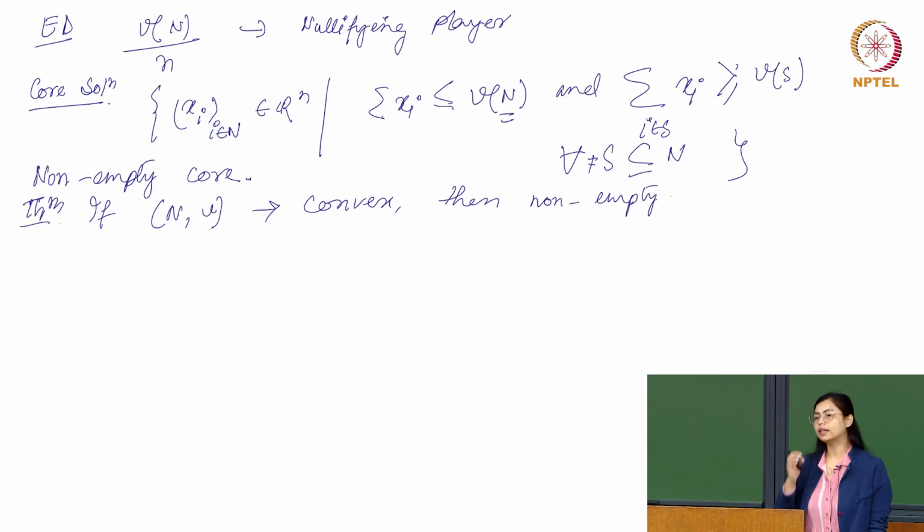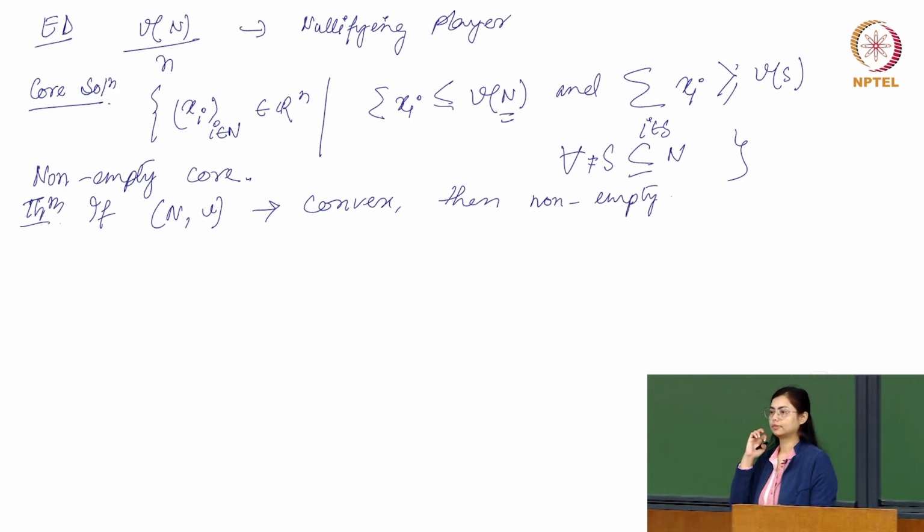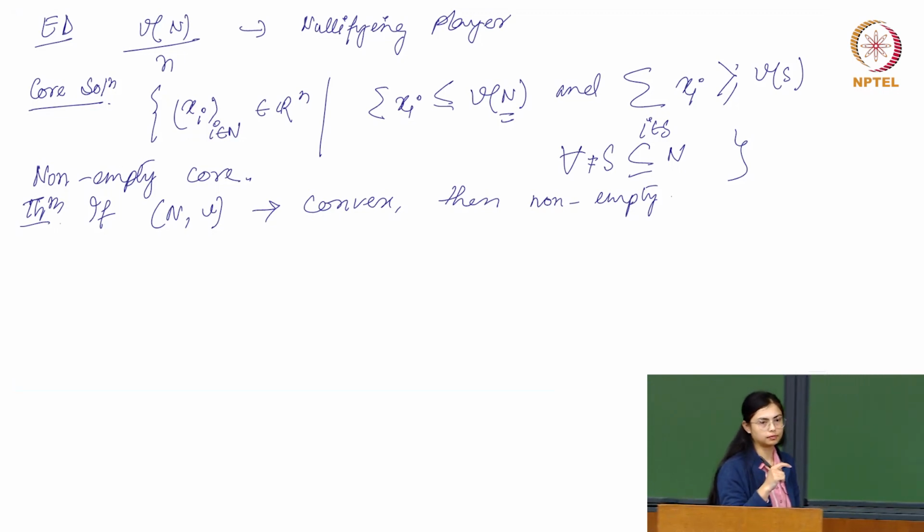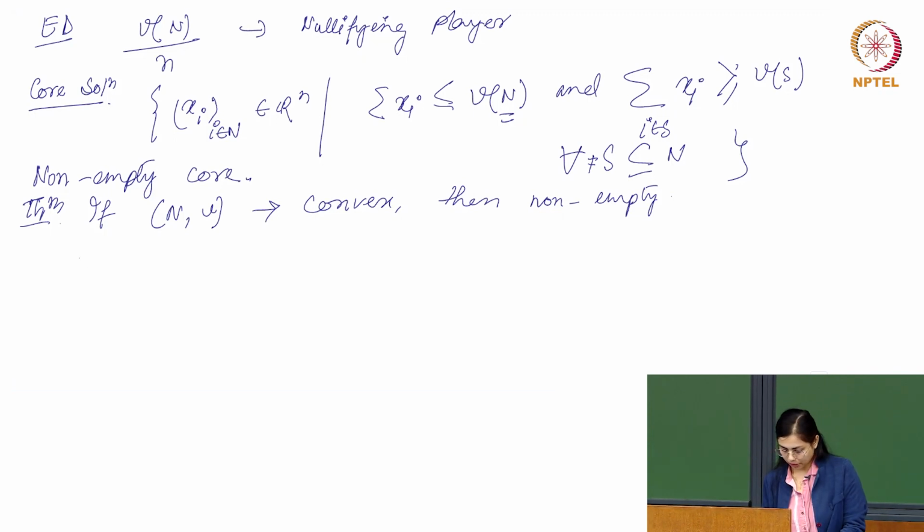So what is a convex game? The worth of A union B is greater than or equal to the worth of A plus the worth of B minus the worth of A intersection B. Suppose S and T are two subsets of N, two coalitions.